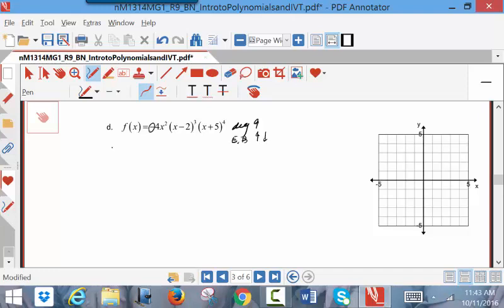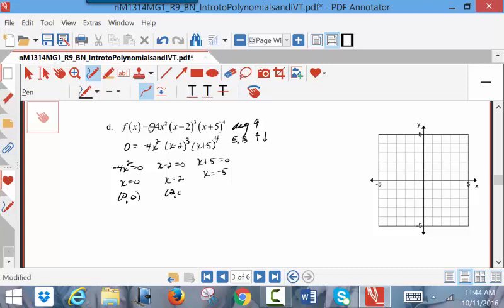Now to get your x-intercepts, you set the y value equal to 0, which since it's in function notation, is our f of x. Now you set each one of these terms equal to 0. So I get a 0, a 2, and a negative 5.